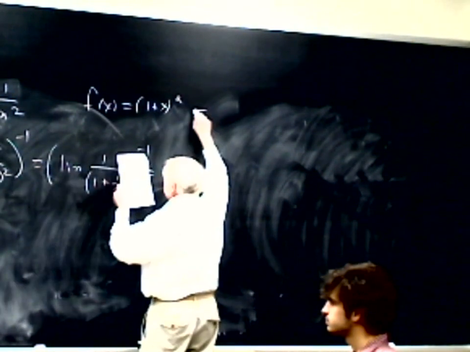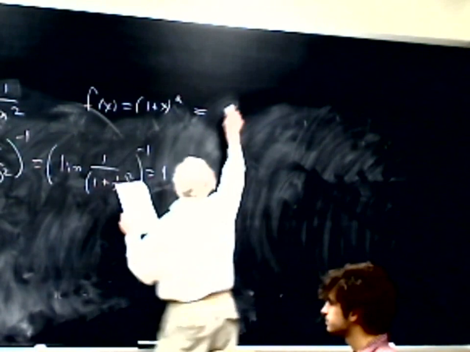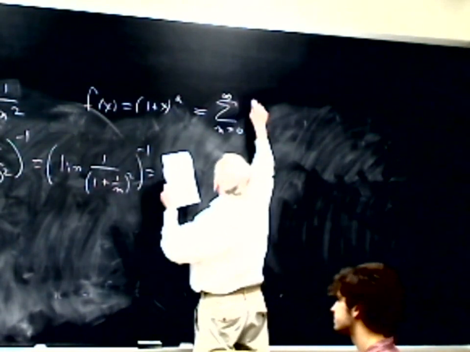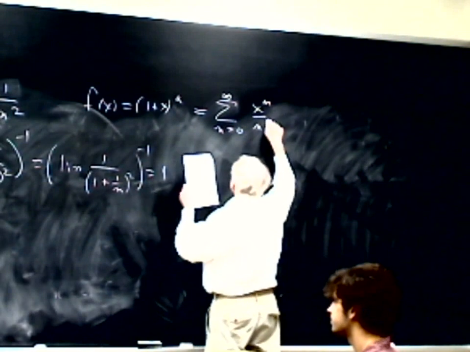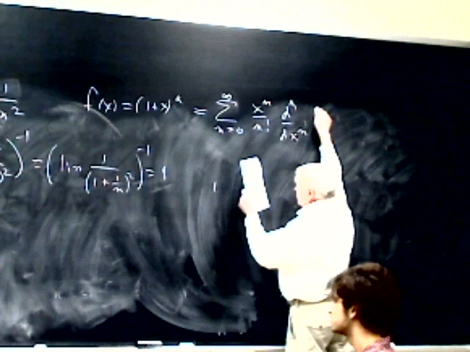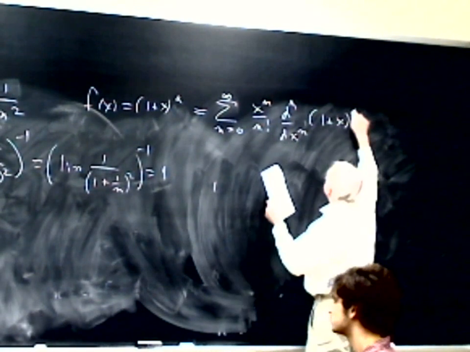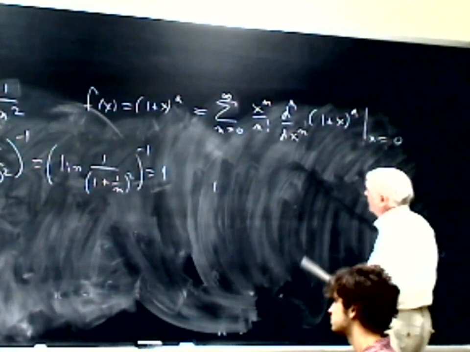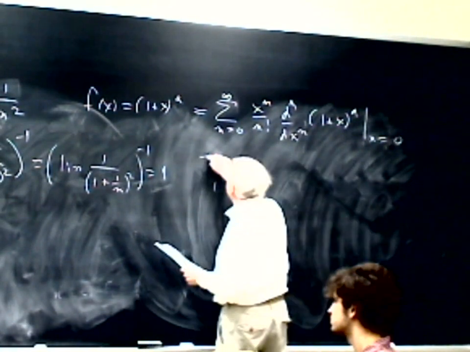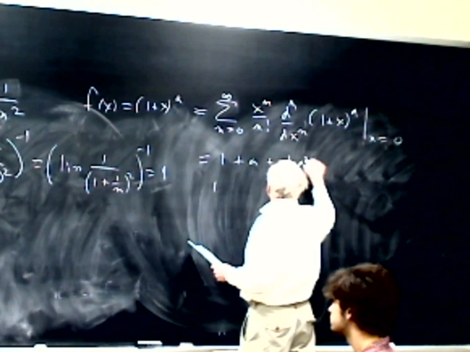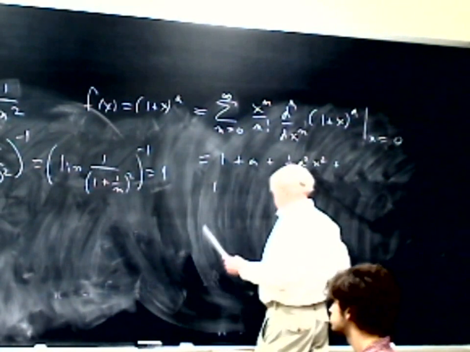Then the Taylor series for it is the sum from n equals 0 to infinity of x to the n over n factorial times the nth derivative d^n/dx^n of (1 plus x) to the a at x equals 0. And so this is 1 plus a x plus a half a squared x squared plus blah, blah, blah.